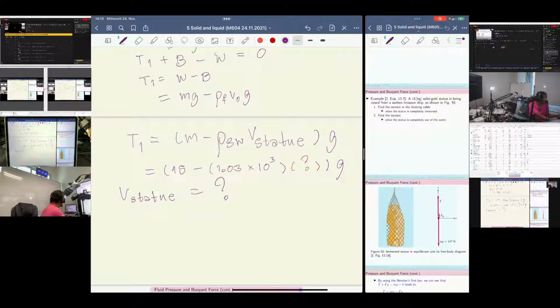We have just checked whether the crown is made of pure gold or not, and found that the theoretical value of the gold density is 19.3 times 10 to the 3. Sorry, it's 10 to the 3, not 1 to the 3. We have to use that value. And rho statue is actually rho gold, right? It's made of pure gold.